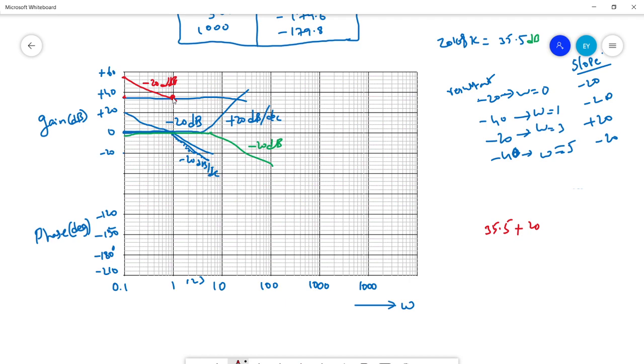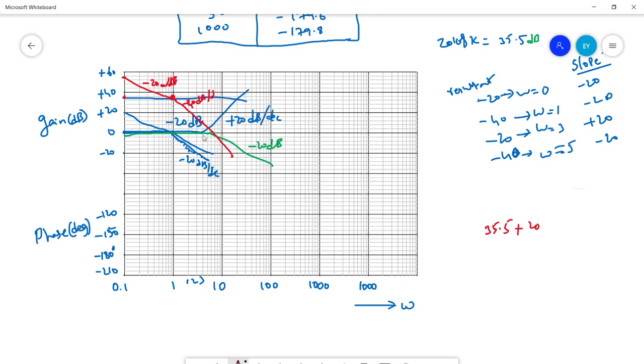You just draw a line, and when it comes to the frequency at omega equal to 3, here it is minus 40 dB per decade. This is minus 40 dB from omega equal to 1 to omega equal to 3. Resultant we have to write.